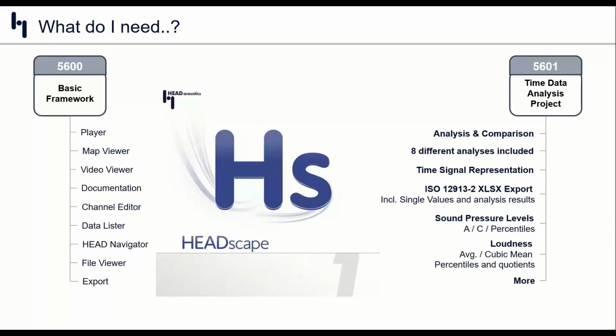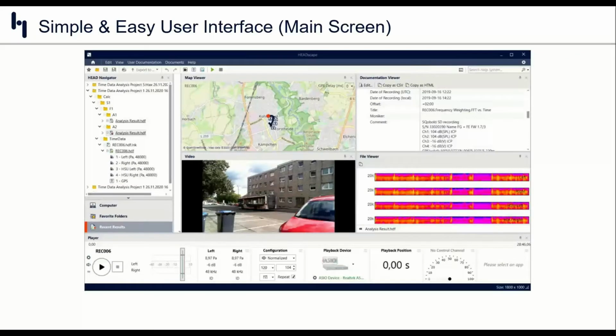So right now we are currently on HEADScape version 1.1 dot something. It is coming out with 2 dot something rather quickly. It's a very simple and easy user interface. Those of you that are Artemis users will recognize this interface quite well.